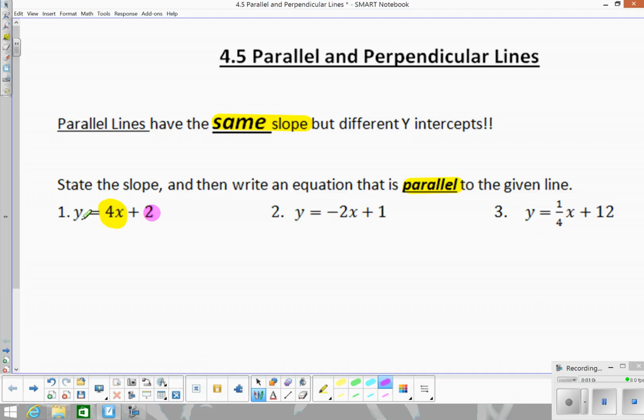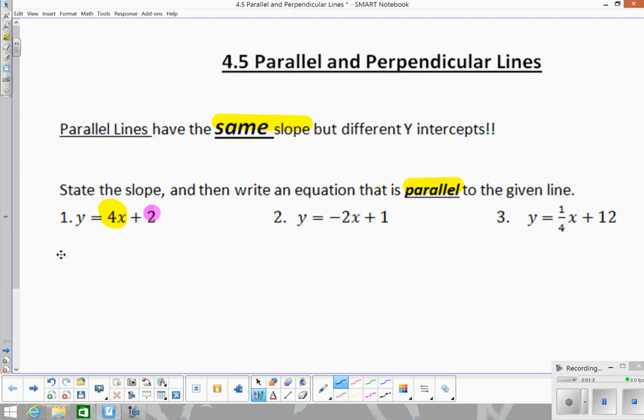So it's going to start out as y equals 4x, and it's going to be plus or minus anything. So if I was going to write something, it would look something like y equals 4x minus 2. That's the line that's parallel to y equals 4x plus 2.